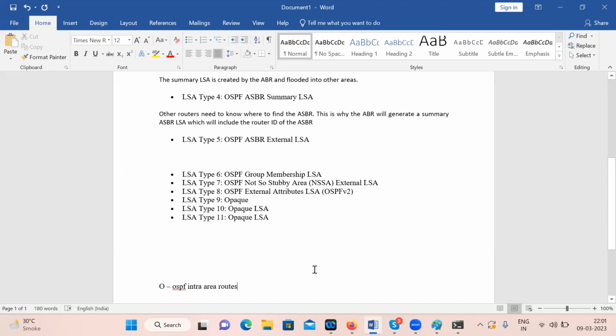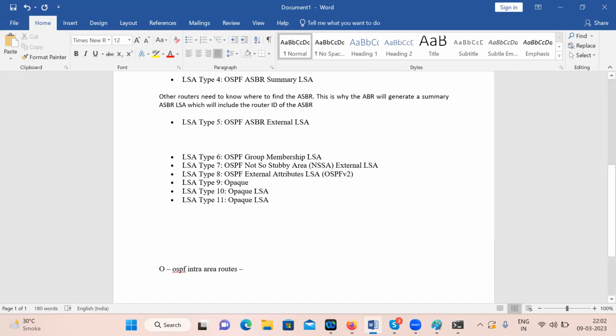And through which LSA type will you get this information? Type 1. Why? Because type 1 is responsible for flooding within an area. So whenever you receive any information with a type 1 LSA, you will mark that route as an O route.